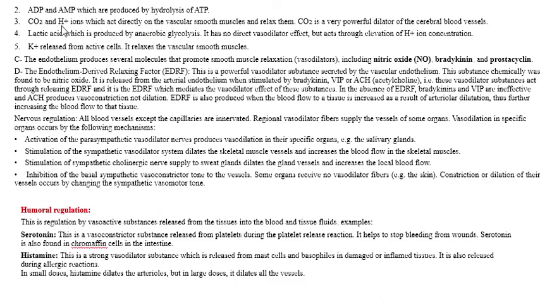CO2 and hydrogen ions can also affect the vascular supply, causing the smooth muscle to relax. So there is contraction and relaxation. CO2 is a very powerful dilator of the vessels when there is an increase. Lactic acid and potassium can also affect it.